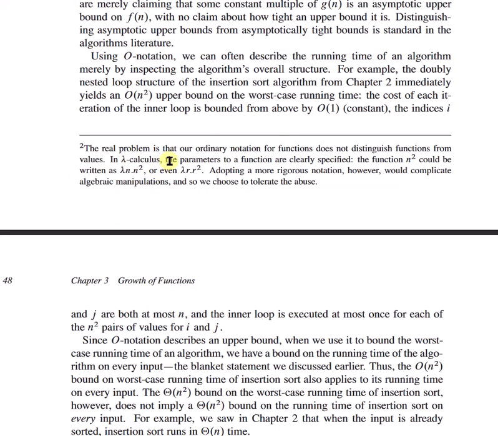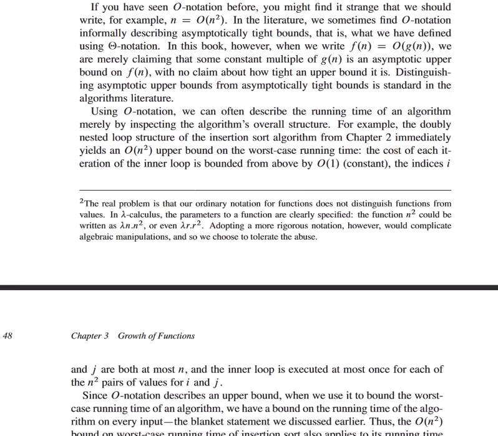The real problem is that our ordinary notation for functions does not distinguish functions from values. In lambda calculus, the parameters to a function are clearly specified. The function n square could be written as lambda n into n square or even lambda r into r square. Adopting a more rigorous notation, however, would complicate algebraic manipulations, so we choose to tolerate the abuse.